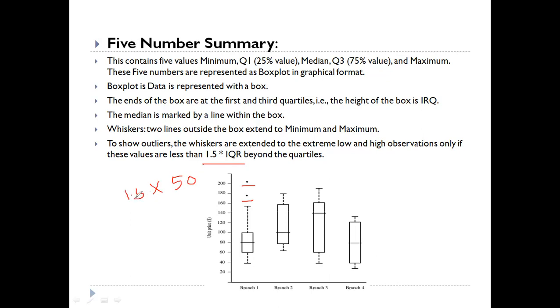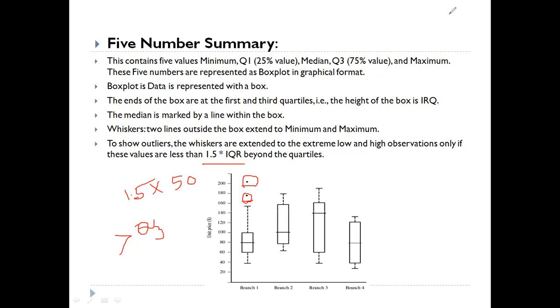If a value is greater than Q3 plus this amount, then you represent the points above the maximum like this. These are called the outliers. This is called a 5 number summary.